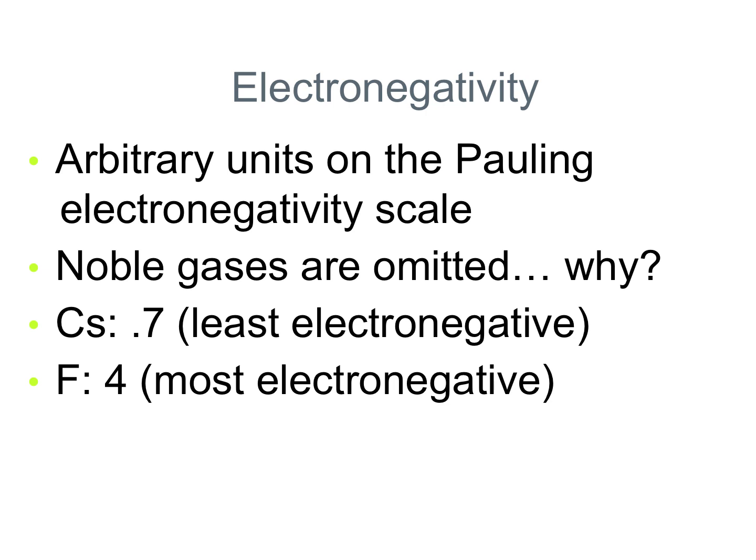So when we look at electronegativity values, noble gases are omitted. Why do you think that is? What's special about noble gases? What's special about their valence electrons? They already have all that they need. Good.